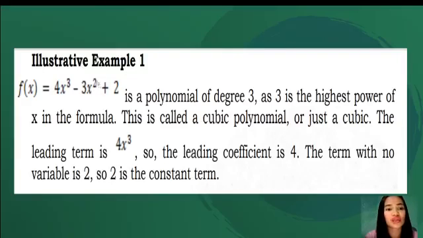Since 4x cubed is the leading term, the leading coefficient will be 4. Then you take a look at the term wherein we don't have the variable, which is 2. So in here, 2 is a constant term. Again, a constant term is a term wherein we don't have any variable.